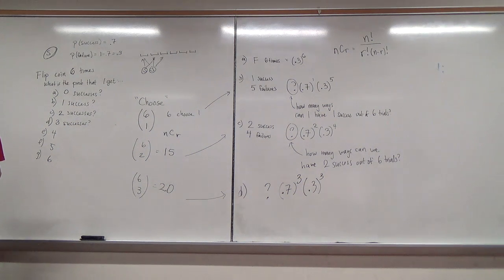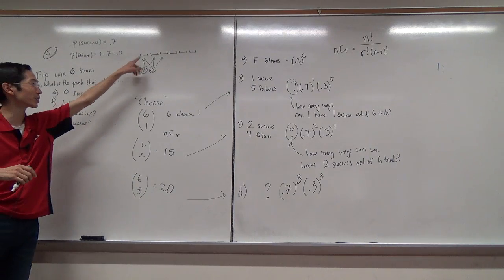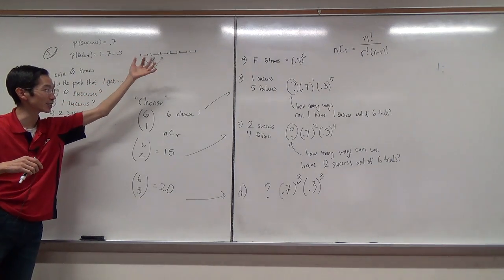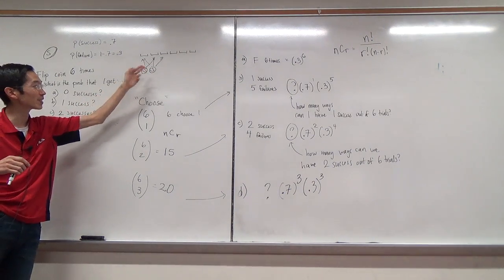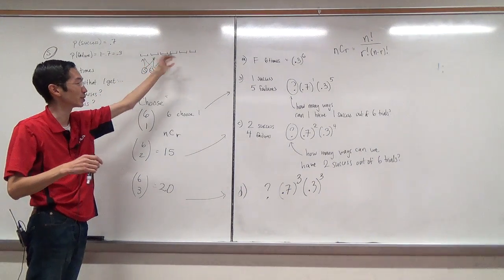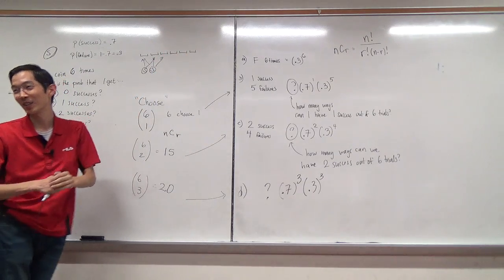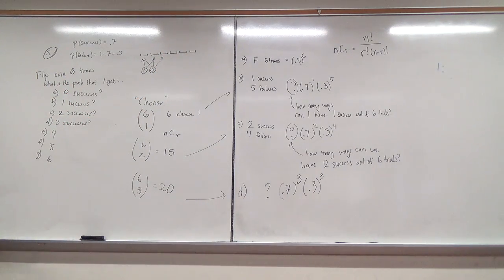The explanation is not necessary. The n factorial comes from all the different ways you can arrange the seats, the r factorial would be all the ways you can arrange the successes, and the n minus r factorial would be all the ways you can arrange the empty seats. That's how it works, but it's not necessary for this.